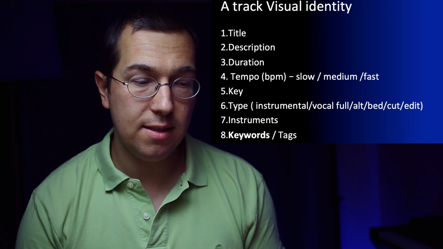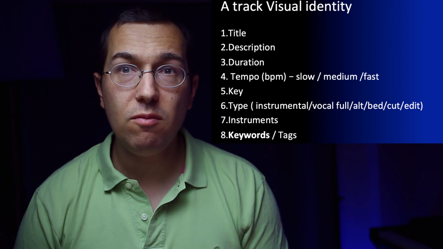And let me just tell you that in the keywords, in the tags area, whether you are attaching them directly to the audio file yourself, or filling them out on different music licensing platforms where they ask you to put keywords and tags, it has to contain all these elements.